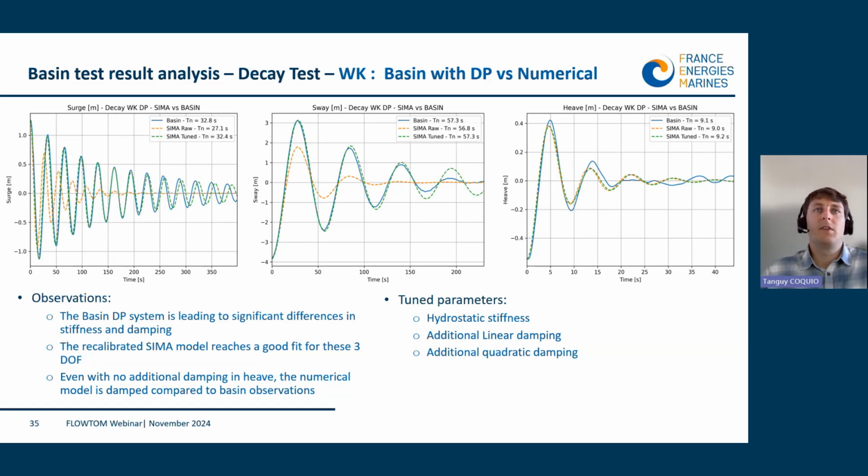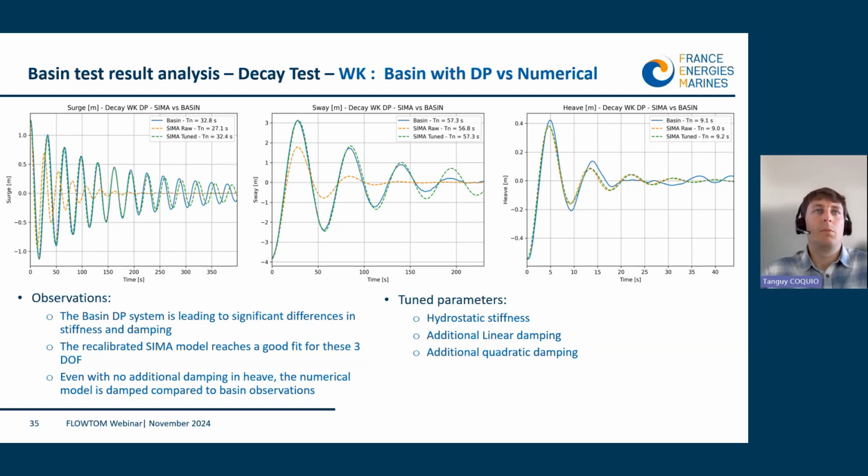What we can see here is that we have difficulty in surge and sway to have the correct damping on the numerical model. This is something that was recalibrated. We also touched a little bit the stiffness to go to the second semi-tuned model, which is accurately representing what is happening in the basin.